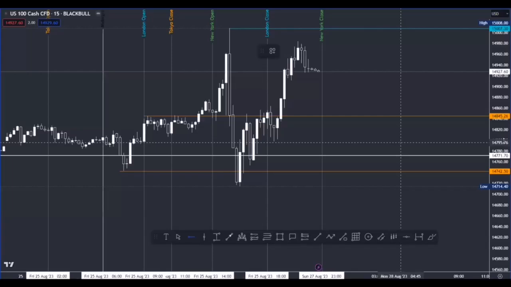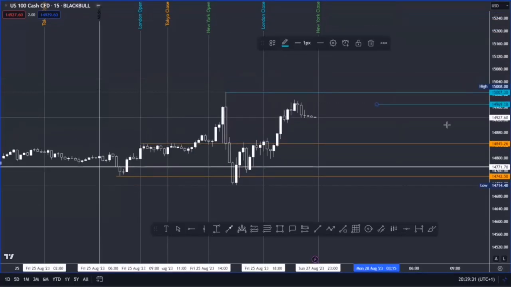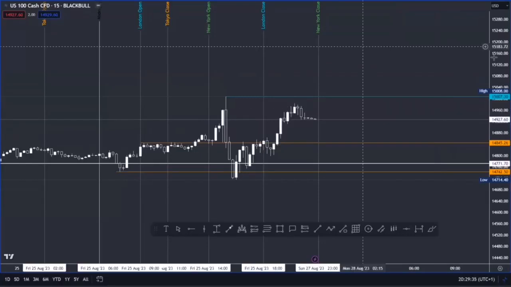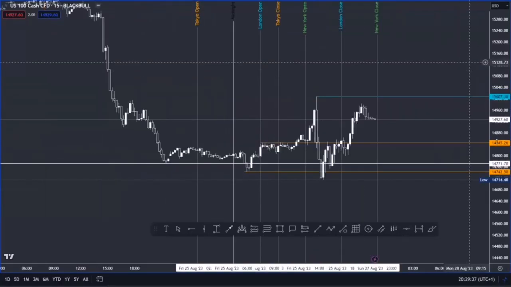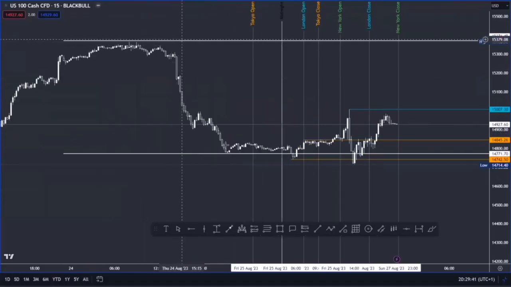All right, so let's continue going. Remember what I said. First thing that's important is the day's session highs and lows. The second thing that is important is the day's highs and lows. So this was the previous day's high, Thursday's high, as you guys can basically see over there.